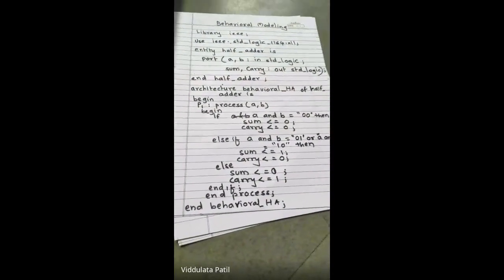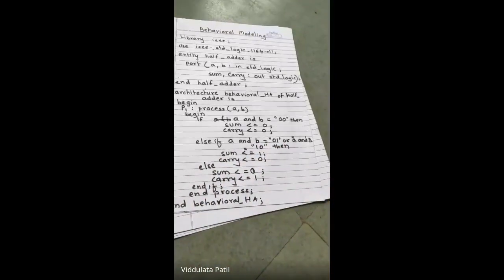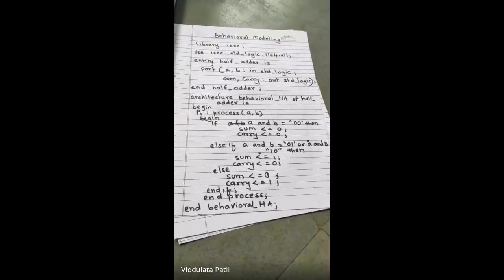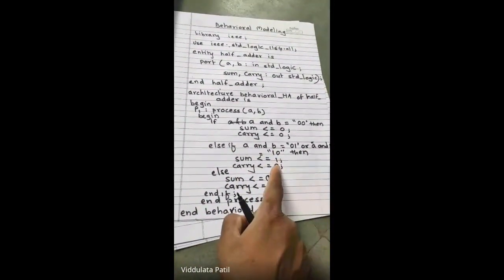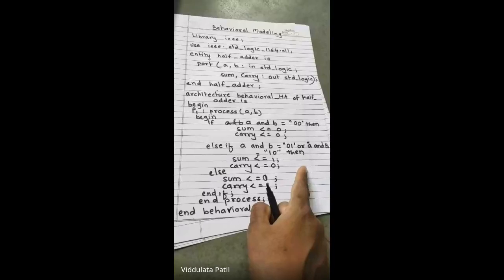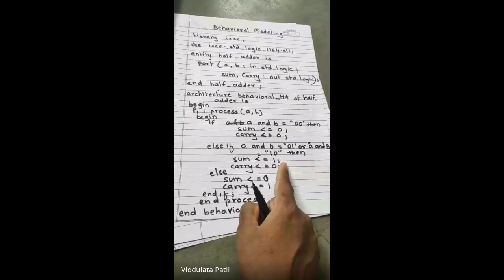Okay. Instead of this, we have combined these two states, two conditions for the input logic, together. You can have it separately also. That means you can write it as an else if A and B equal to 0, 1, then sum is equal to 1 and carry is assigned to 0.